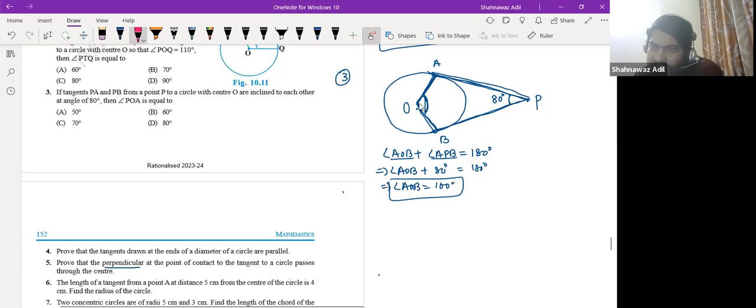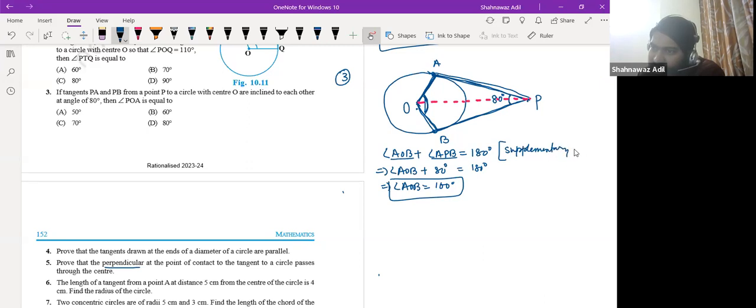Sometimes if we write 180 degrees but forget to write the reason, but our answer is correct, will they give a mark? This is not an MCQ question. In the exam, you have to write the reason that they are supplementary.